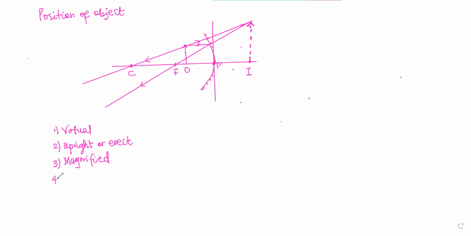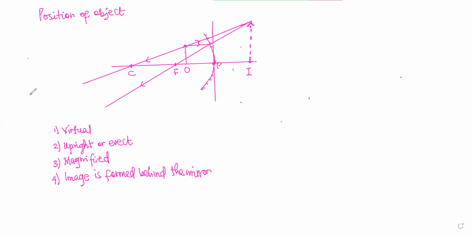And finally, image is formed behind the mirror. So these are the characteristics of the image formed when the object is between the pole and the principal focus, or the focal point.